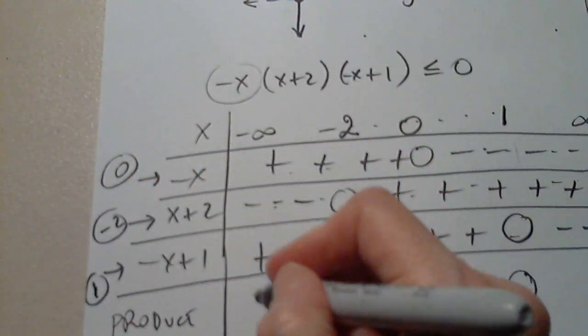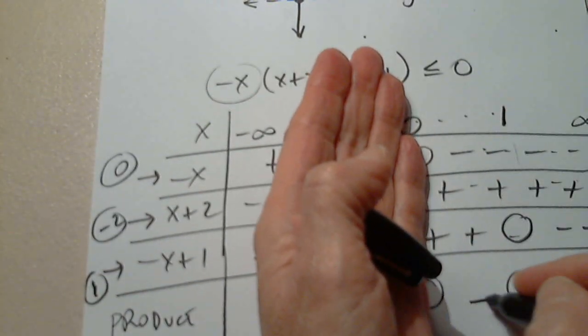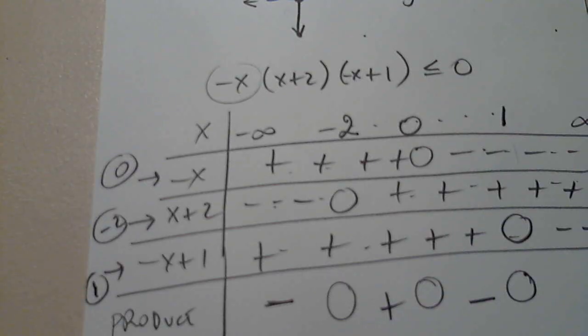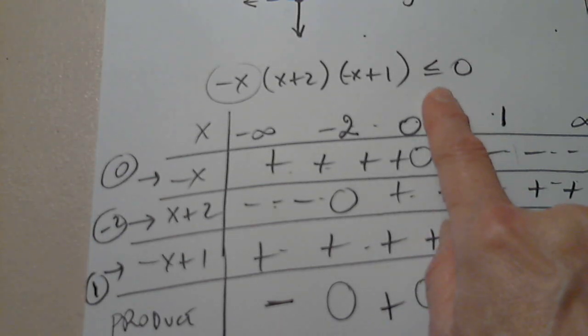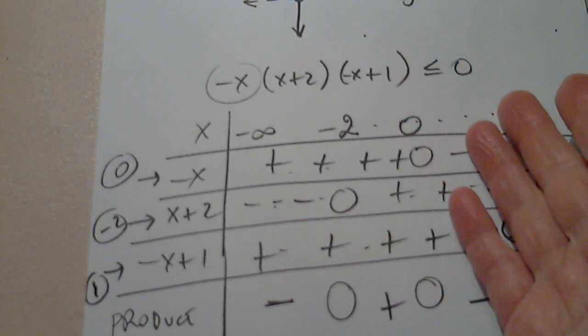One negative. No negatives. One negative. Two negatives. I only count the negatives, the positives don't mean anything. Which sign do I want? Which sign is less than 0? Negative.